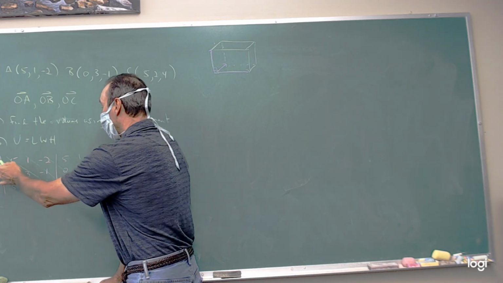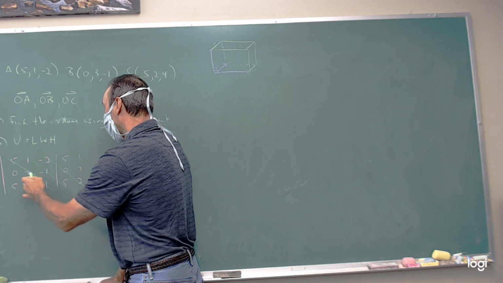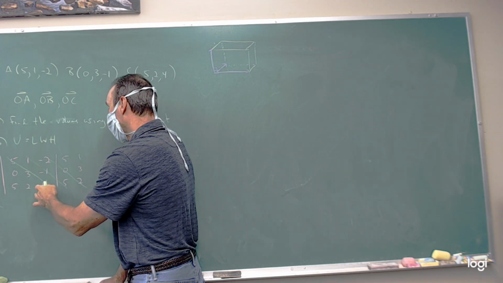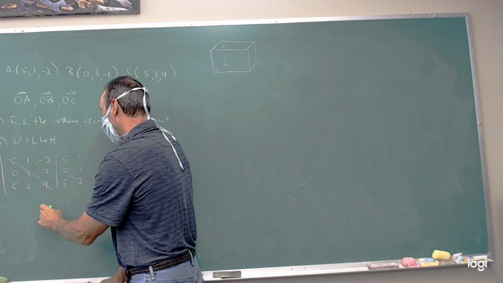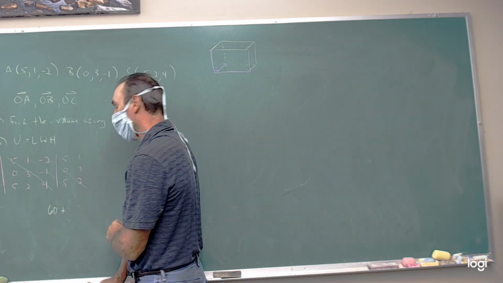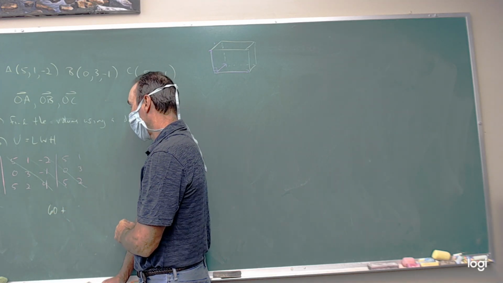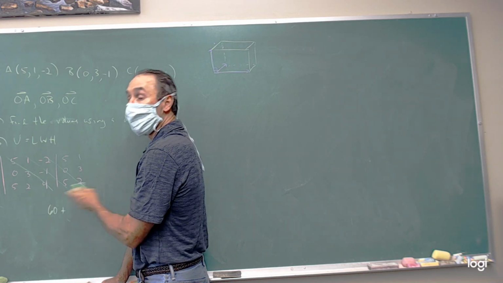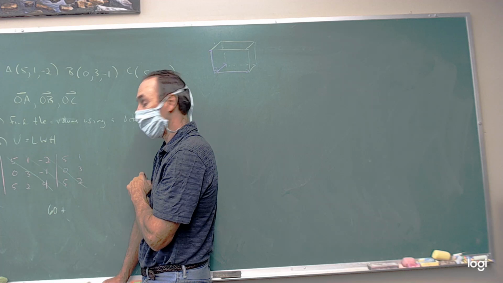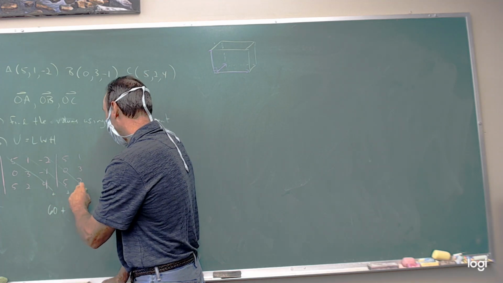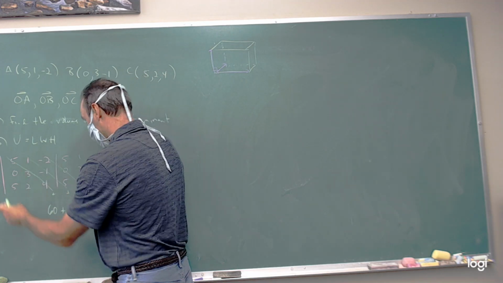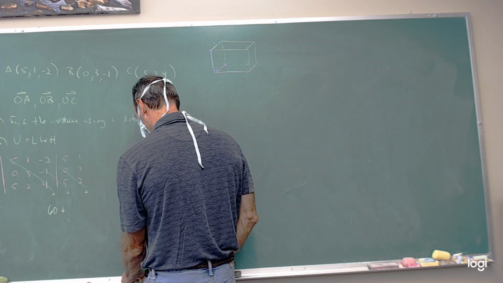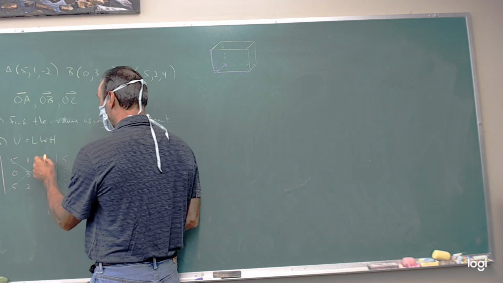So I'm going to go 5 times 3 times 4. 5 times 4 is 20. 20 times 3 is 60. The ones coming down are all added. The ones going up are going to be subtracted. So going up, we're going to subtract.